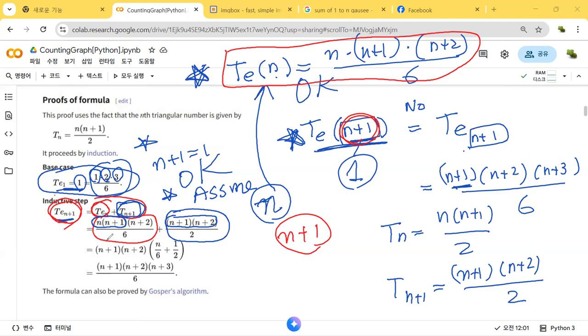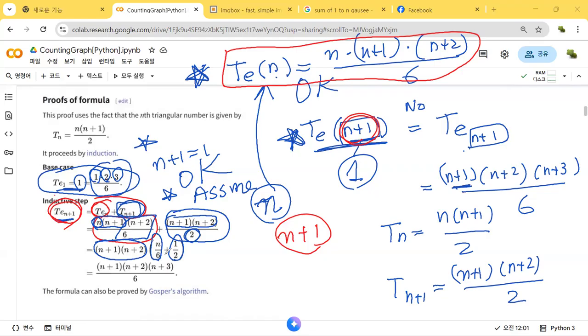So n plus 2, and then there is an n plus 2. Okay. So n divided by 6. This is the first part, okay? But in this case, the denominator is 2, so that is 1 over 2. Okay.